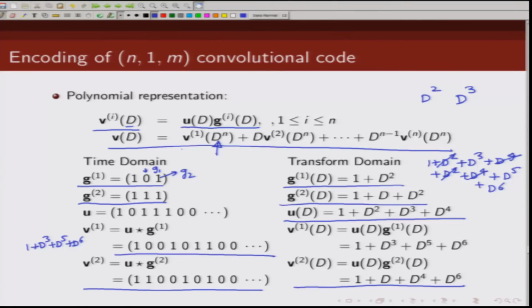Now, how do I combine these n sequences? So, note this V1 Dn is the output from the first coded sequence, this is the output from the second coded sequence, that is delayed by 1, the output from the third sequence will be delayed by D square, and similarly the output from the nth sequence will be delayed by n minus 1.